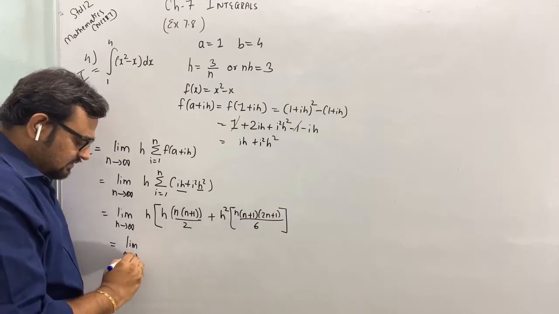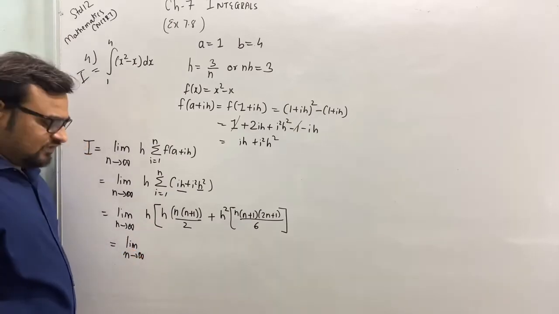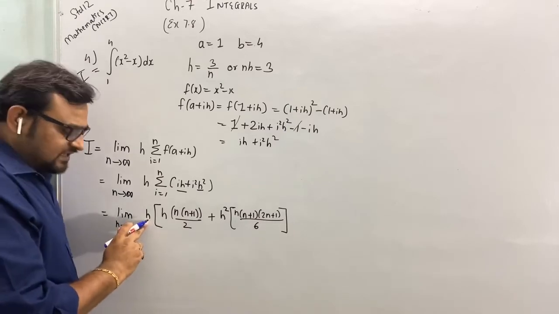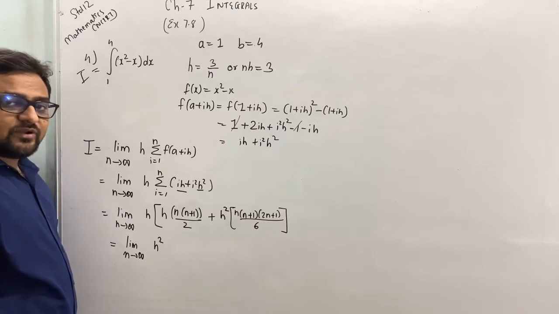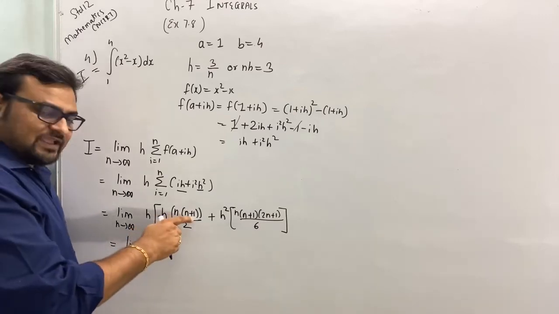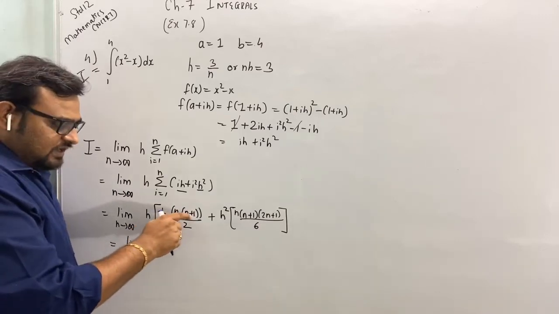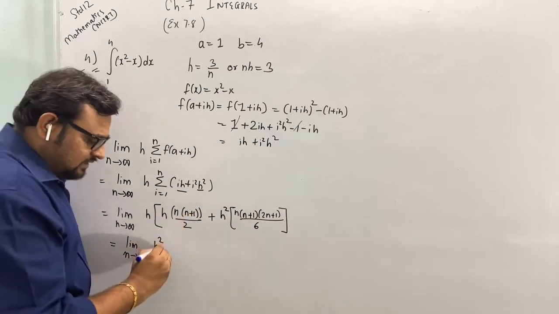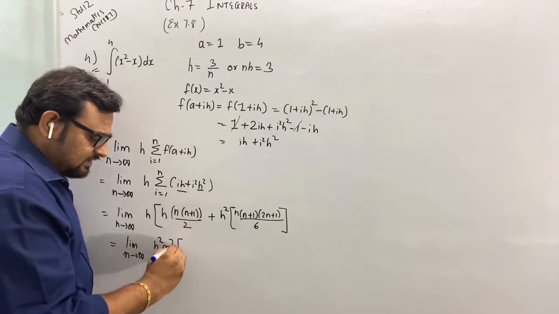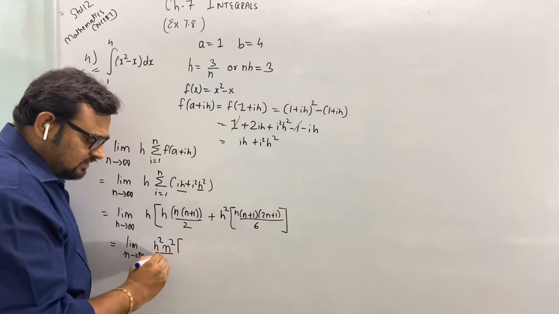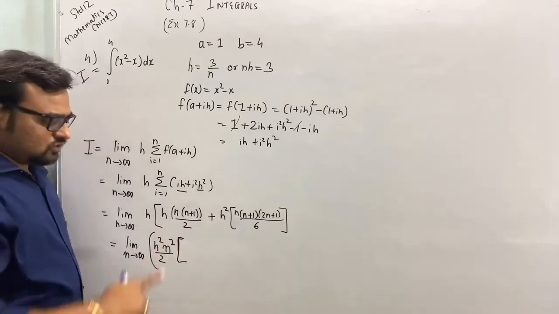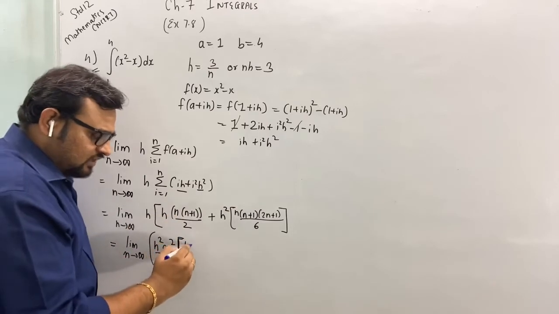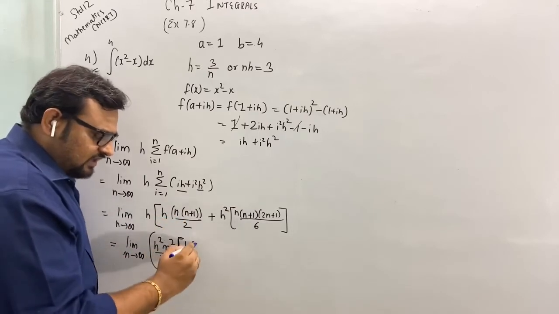So limit n tends to infinity. I will multiply this h into h square. Now remember our technique, from both these I will take n common. So 1n and 1n, it will be n square in the first. So instead of n, 1.